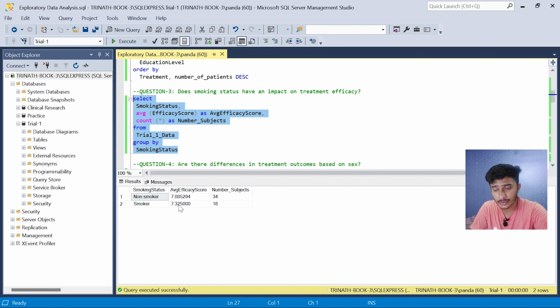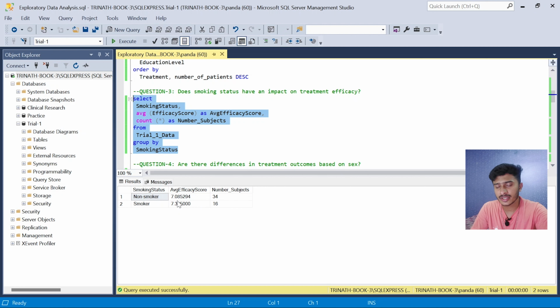According to this, non-smokers have an average efficacy score of 7.08, and there are a total of 34 non-smoker subjects. When it comes to smokers, there are around 16 patients, and they have an average efficacy score of 7.32.